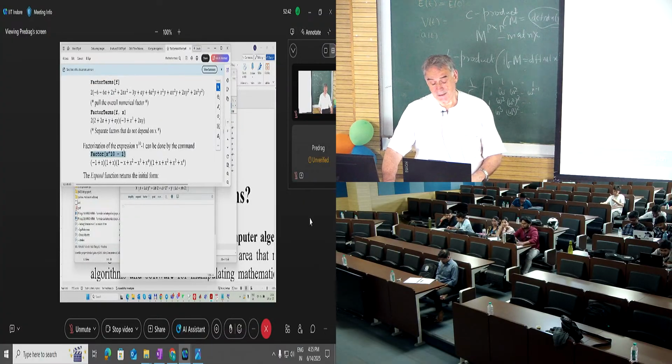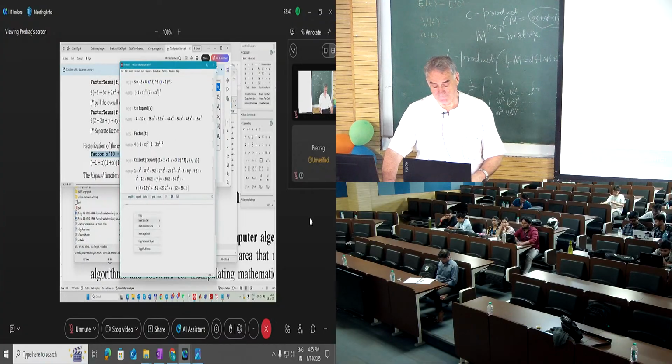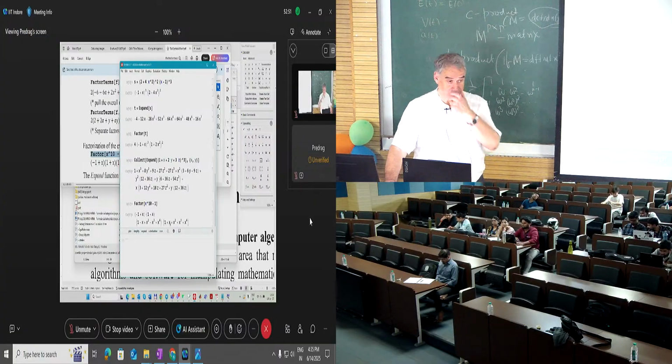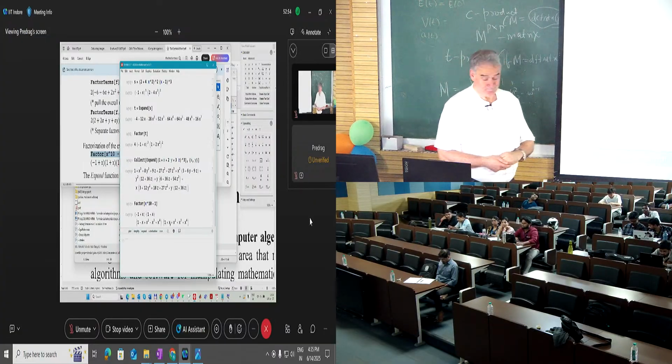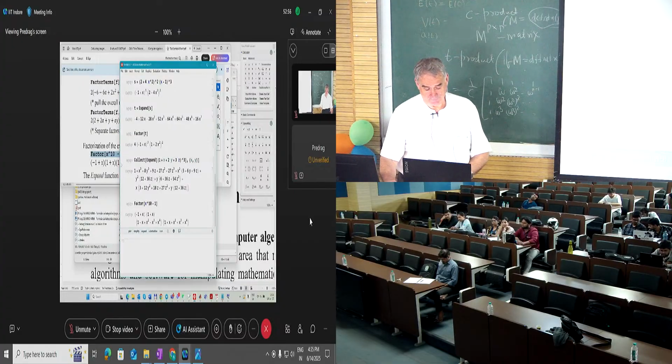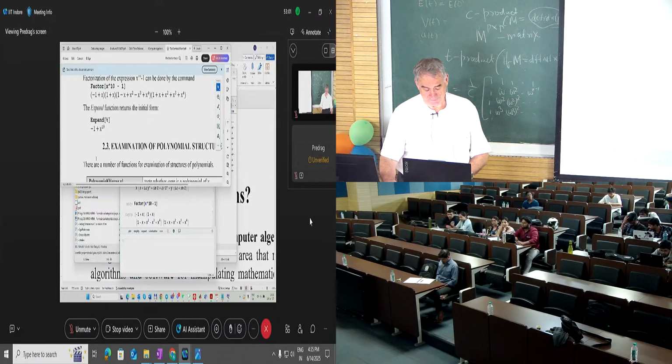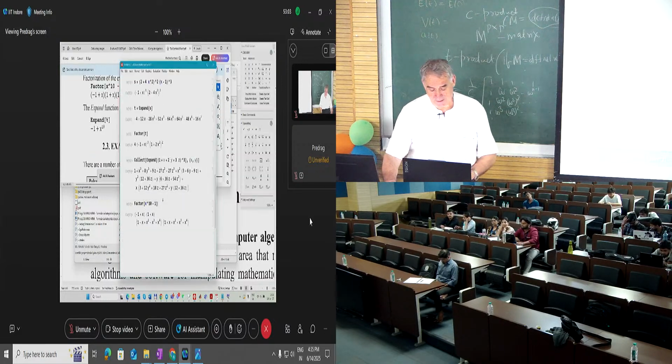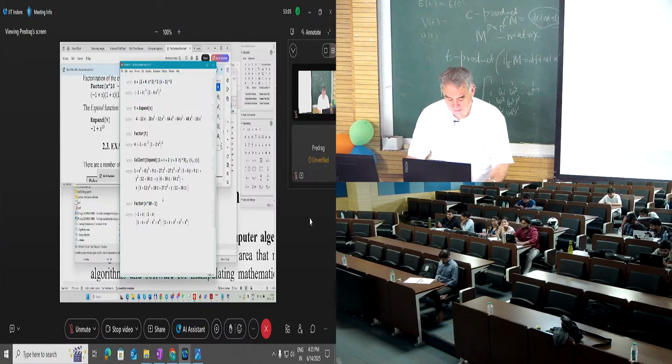Factor such an expression, x power 10 minus 1. If we divide the factored x power 10 minus 1 by x minus 1, we should obtain a simplified version.